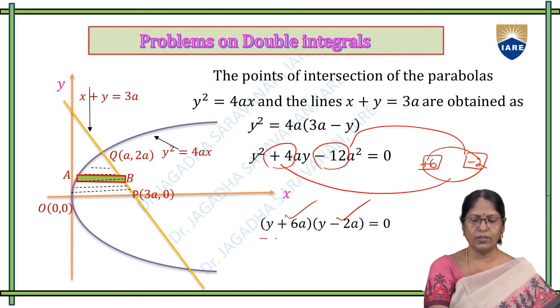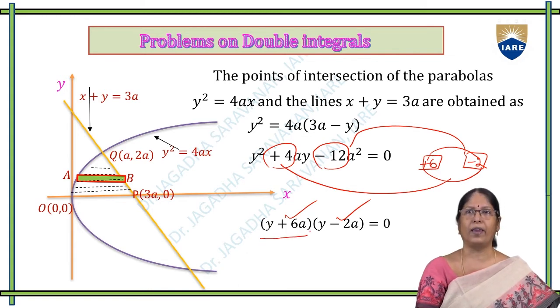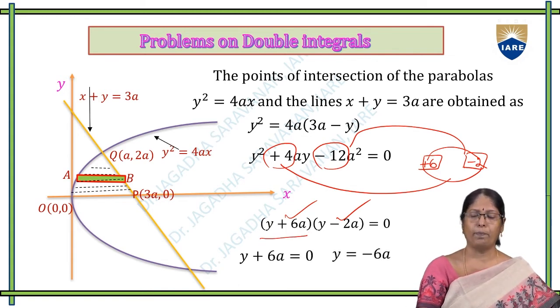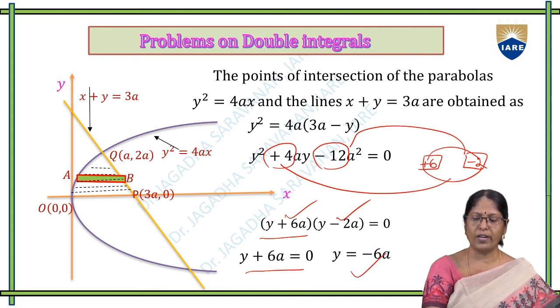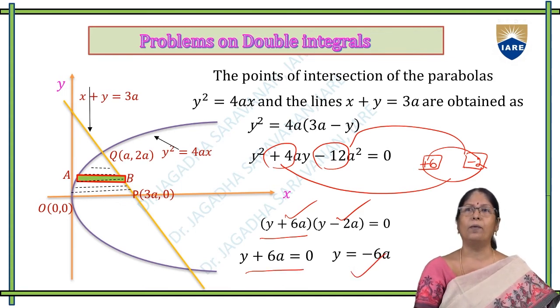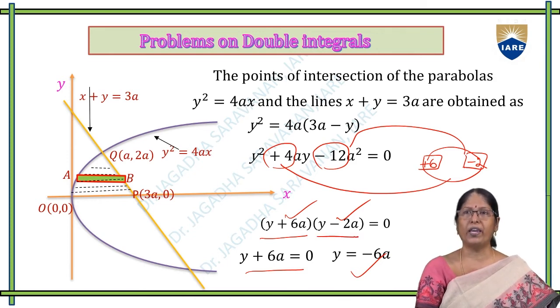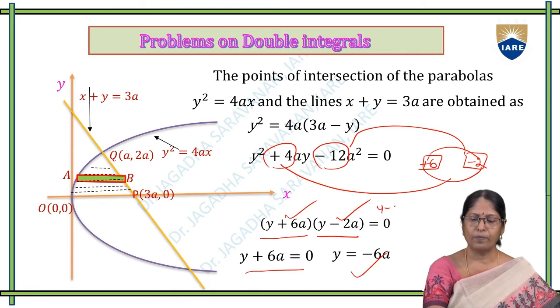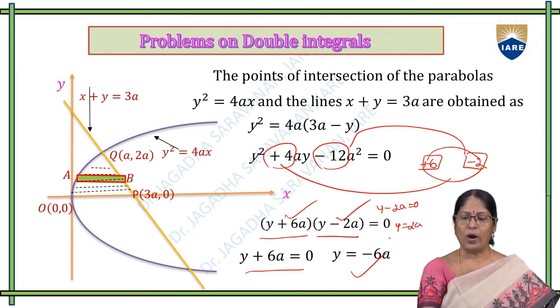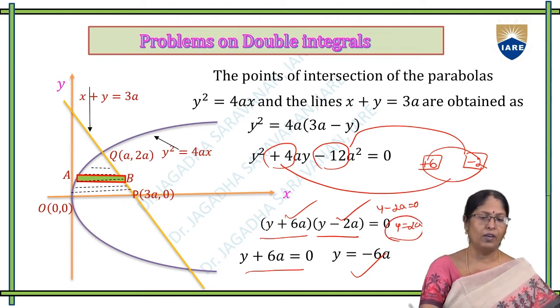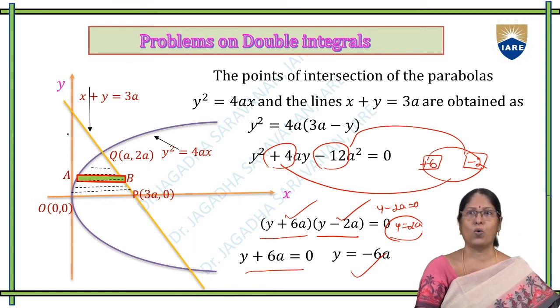Now y plus 6a equal to 0 gives y equal to minus 6a. Next, y minus 2a equal to 0 gives y equal to 2a, which lies in our first quadrant.